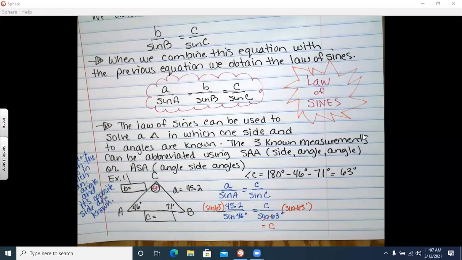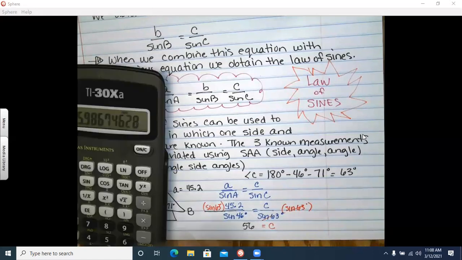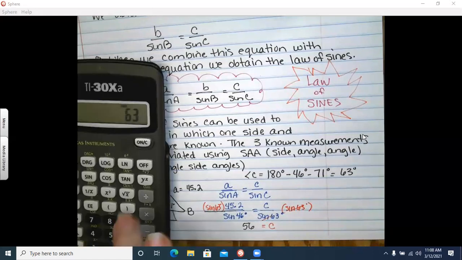56. So I did my numerator, I did the sine of 63 degrees times 45.2 and equals. So that's the top simplified.